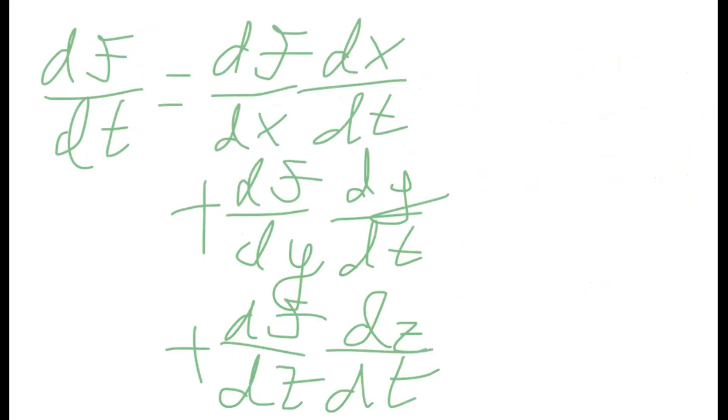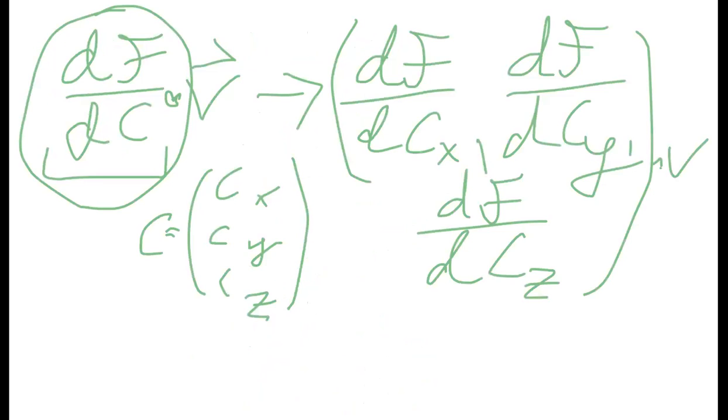And that's just the chain rule. So we're taking the chain rule and expressing it as this dot product of f with regards to each of its elements, times this velocity vector.